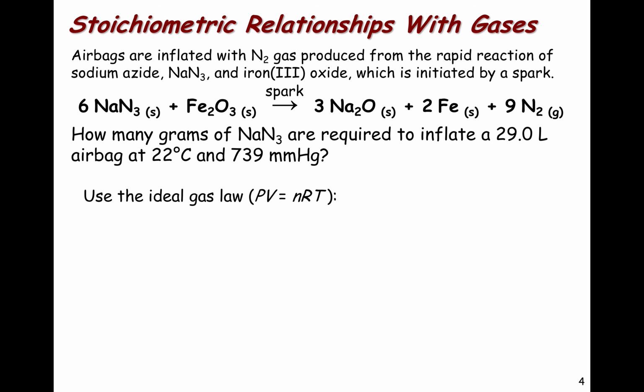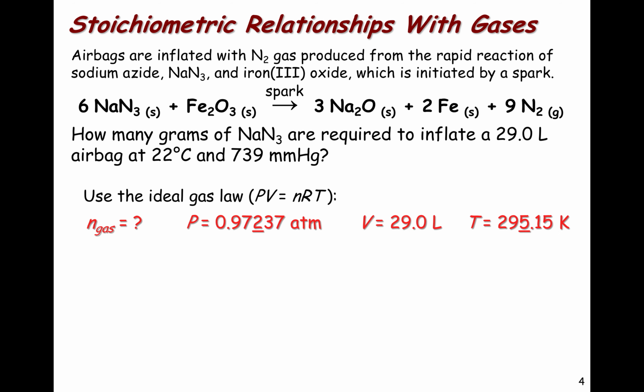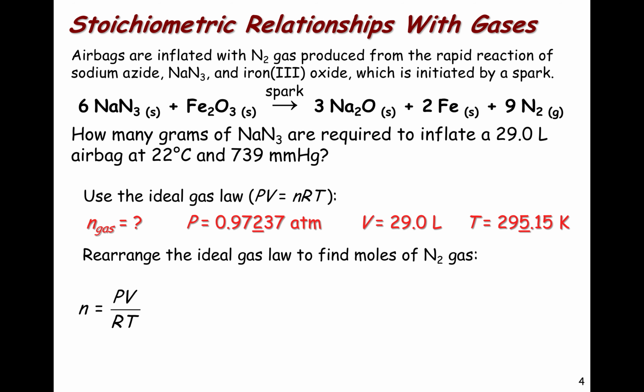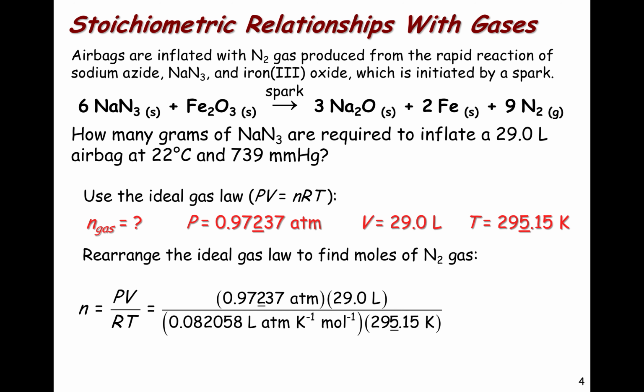At this point, we have all of the values in the correct units, and so now we can rearrange the ideal gas law and isolate the n. So our equation becomes n equals PV divided by RT. Plugging in all of the values along with their units, we see that the units of atmospheres are going to cancel.